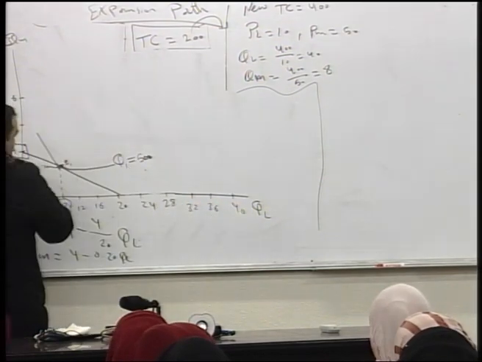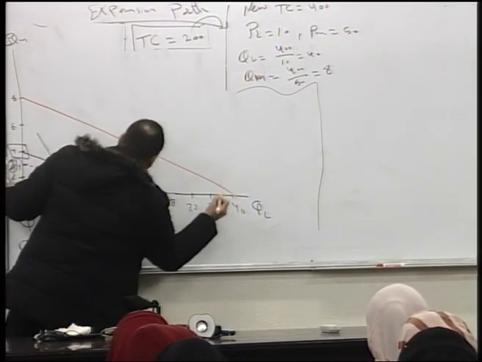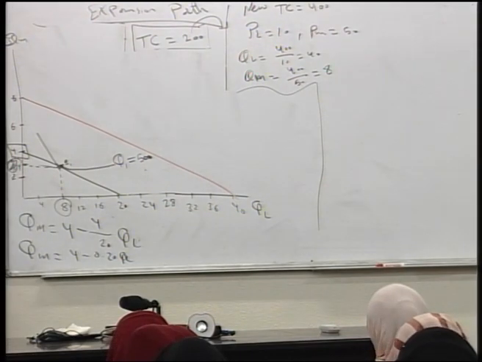So we have to connect these points. This is the new isocost line, right?